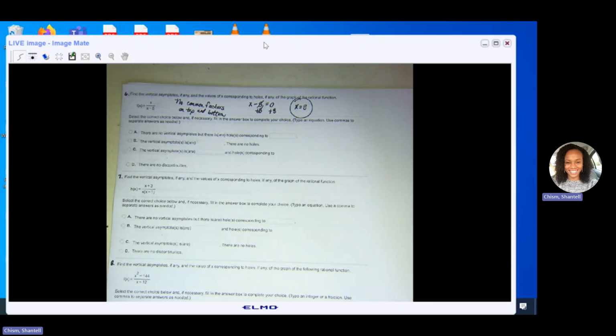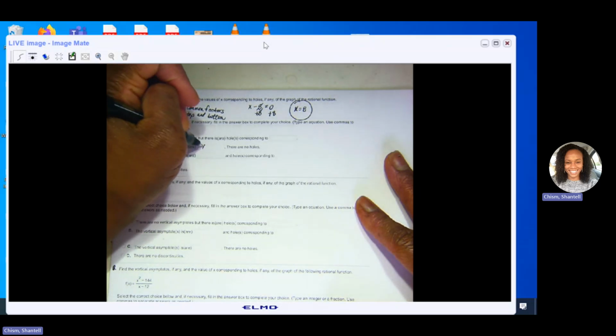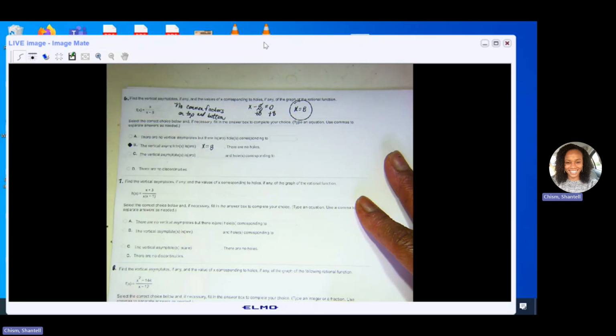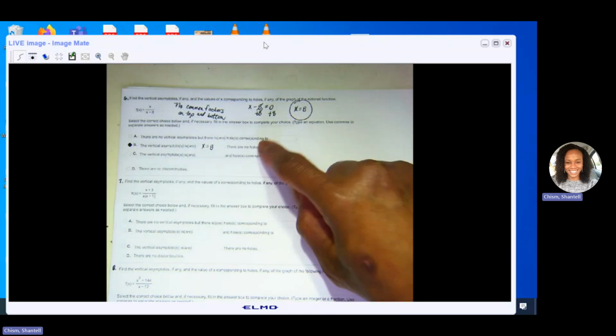So we'll look at that in just a second, okay? So we've got x equals 8. That is a vertical asymptote. There are no holes. So the vertical asymptote is x equals 8. You're going to express that as an equation, just like we have there. And there are no holes.